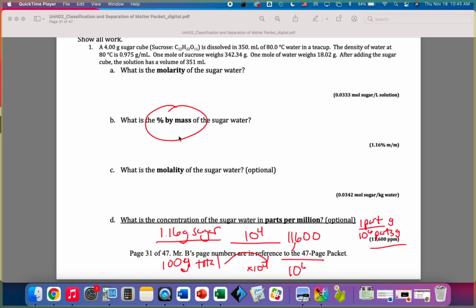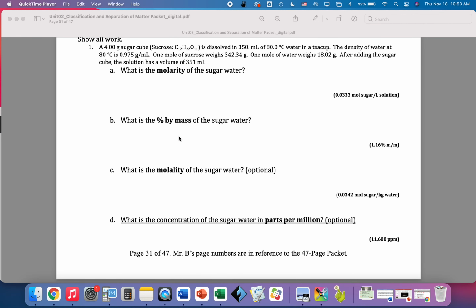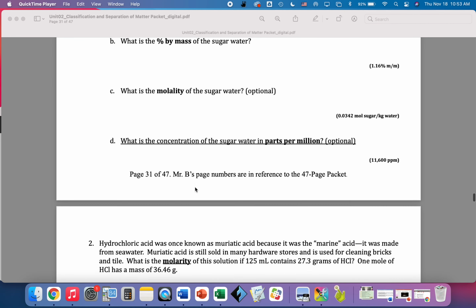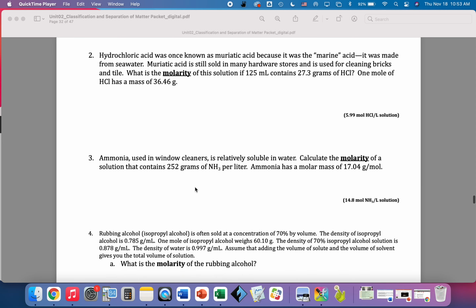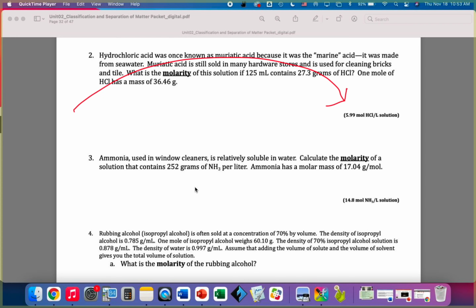All right, so that is problem number 1. Let's go ahead and take a look at problem number 2. I know we went over this in class, but just in case you need to see it again, molarity is going to be moles on top, moles of our solute, which in this case is HCl, divided by liters of solution.